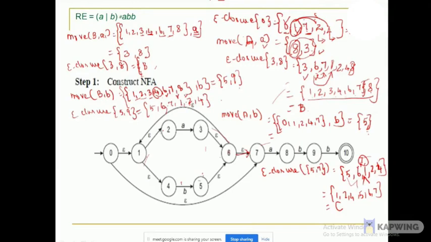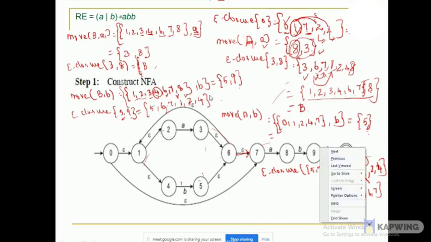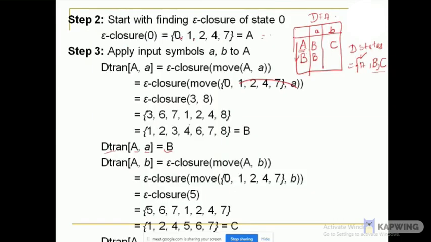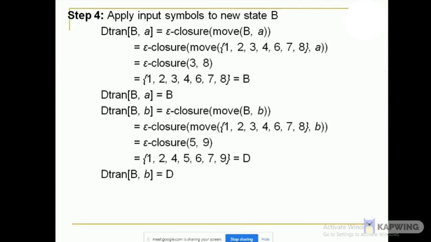So we are getting 1, 2, 4, 5, 6, 7 for the epsilon closure of 5. But from 9 we have to find, right? From 9 there is no epsilon transition. So we can just add 9 alone, right? So we are having 1, 2, 4, 5, 6, 7, 9, right?